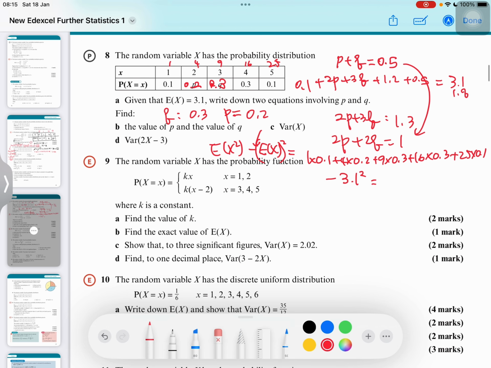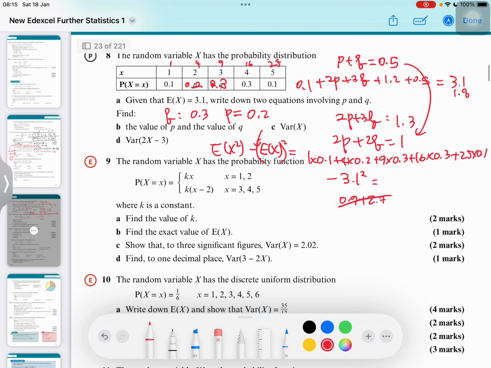So 0.1, 0.8, 2.7, which is 3.6, and 4.8, 8.4, 2.5, 10.9, minus 9.61. Oh no, 1.29. So this is the variance of x.